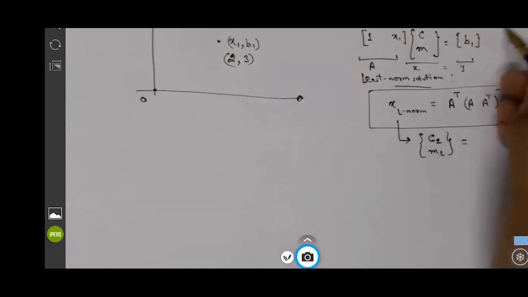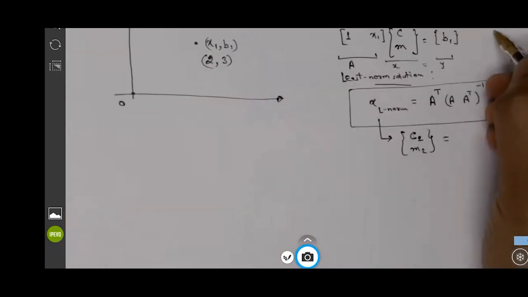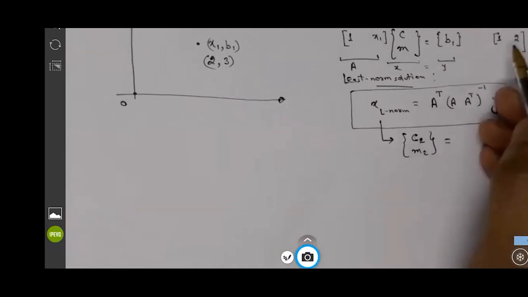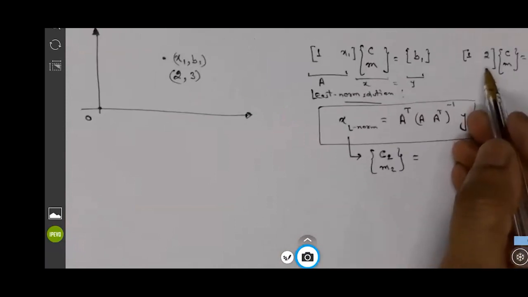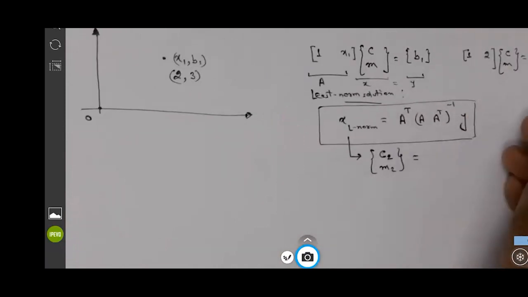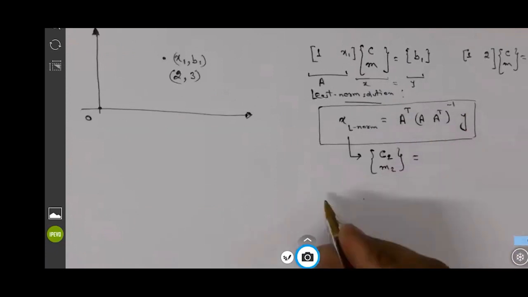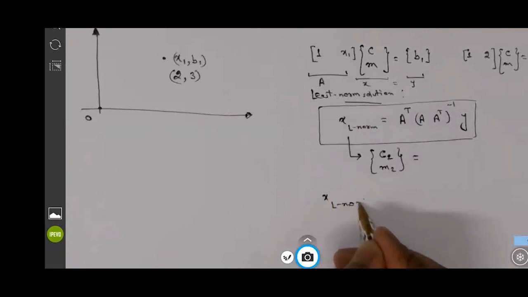If you have this, instead of x1, you have 1, 2, C and M, and 3. So the A matrix is 1, 2. I mean, it is just a vector, and Y is 3. So if A is 1, 2, then A transpose, let's do it actually here, least norm.